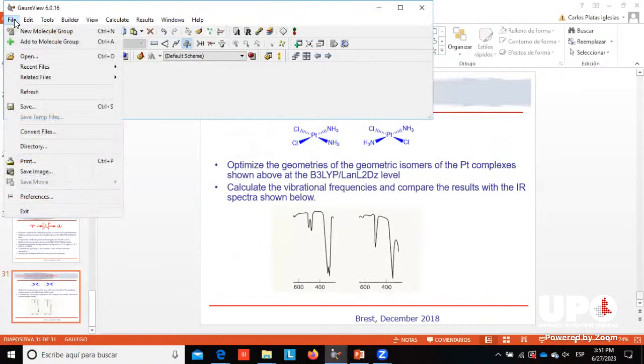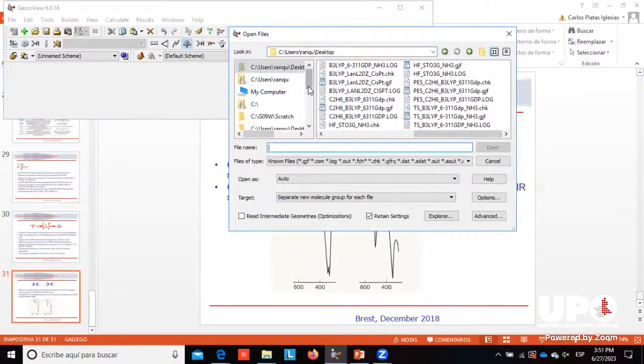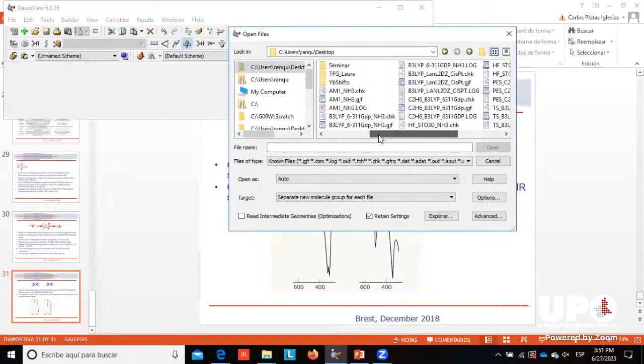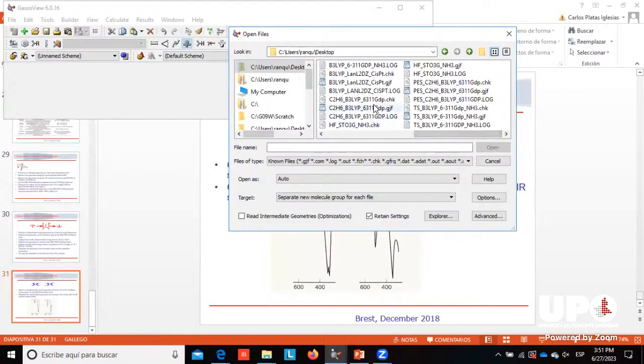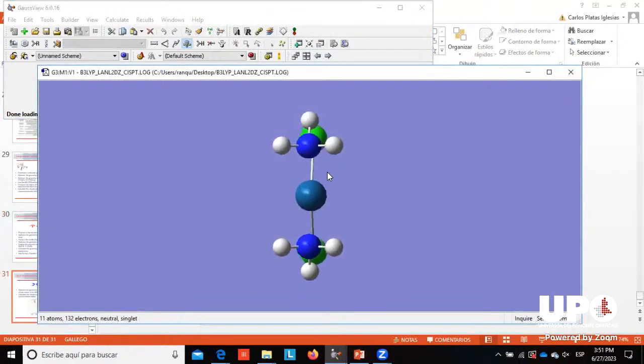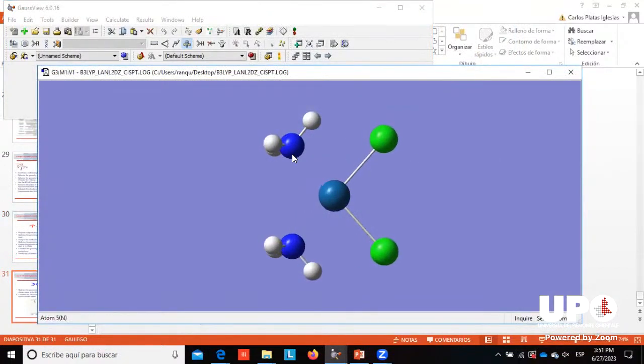So if I go here, open the output file. Here it is. Okay, so you see what I mentioned before.